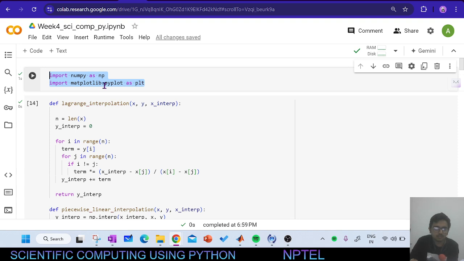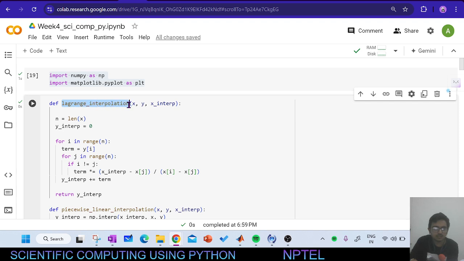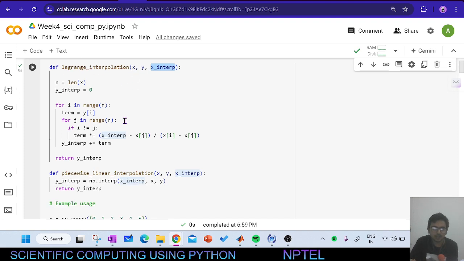First we import these packages, and then we define a Lagrange interpolation function, that is a function of three things. One is x, which is an array of given points, all the data points, and y is the array corresponding to the y data points. And x interpolation is a number or a set of numbers where we want to interpolate. It's going to be between x min and x max, and we know the formula, right? Sum over li yi.